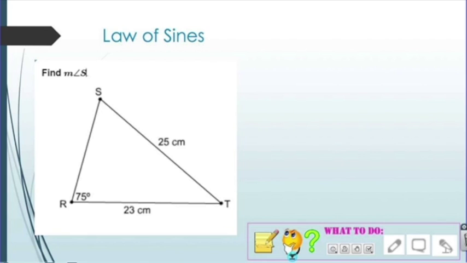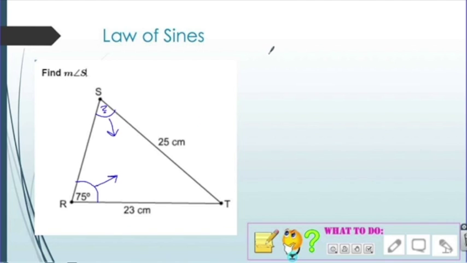Okay, let's use the law of sines to help us find the measure of an angle. In this case, I have 75 degrees and the opposite side of 25. I want to find angle S, and I am given the opposite side of 23.